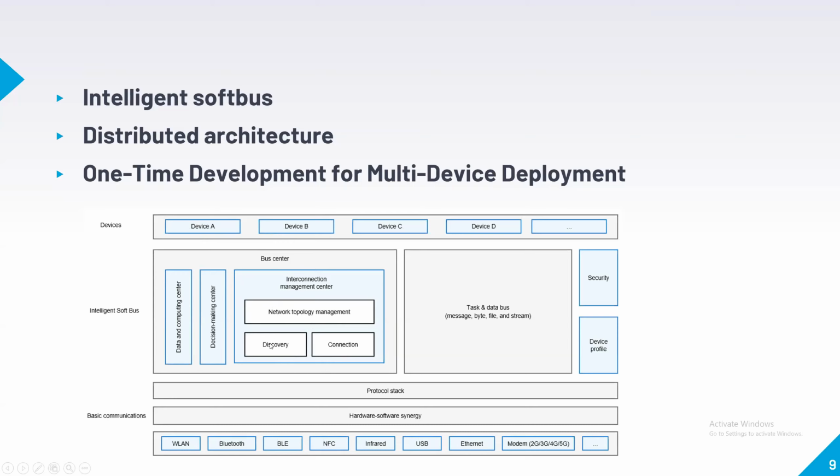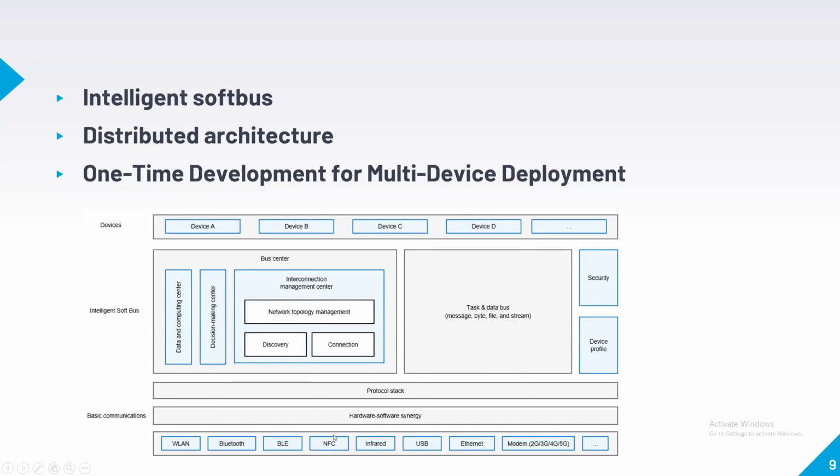So instead of doing discovery the first time to see whether a device with the same MAC address is available, once it is connected, the decision making center and the data computing center decide how the data should be exchanged between these two. The first exchange is always in byte format.